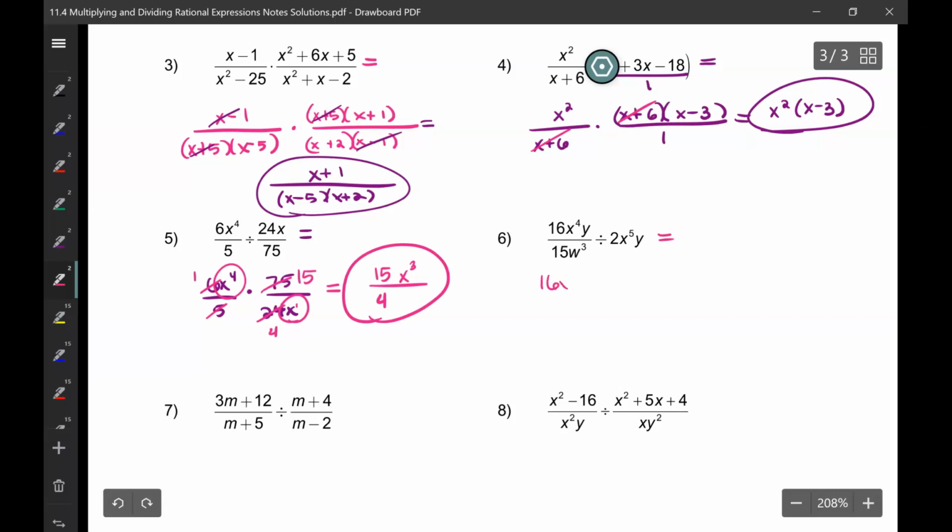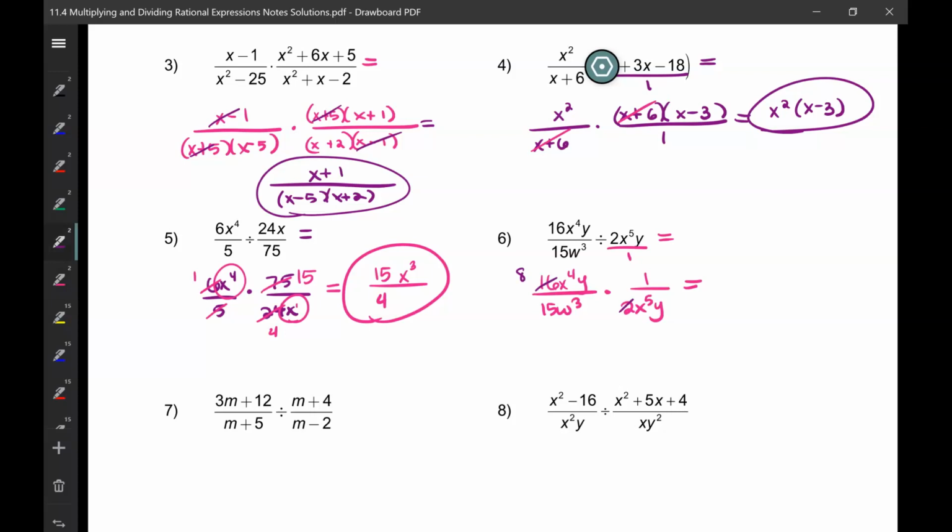Next one, I have 16 x to the 4th y over 15 w to the 3rd. Now, this one again does not have a denominator, so we're going to put it over 1. Keep change flip, so we're going to change to multiplication, rewrite 2x to the 5th times y. What do we notice? 2 goes into 16 8 times. Okay, so I have 8.